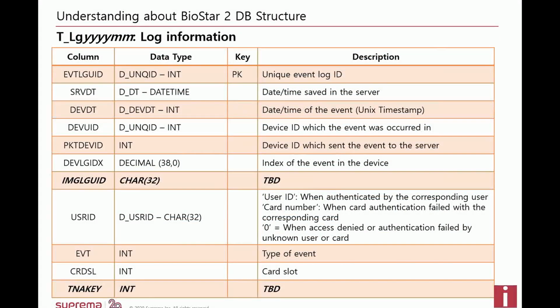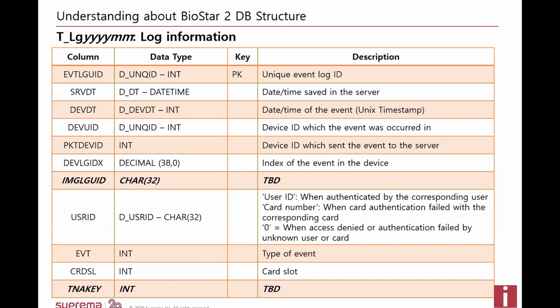Let's check out the log table, which is important for time and attendance records. The log table of BioStar 2 ACDB is created every month, based on the first generated log on the first day of each month. However, the corresponding log table is created based on the device log time based on UTC-0. SRVDT is the time the log was stored on the server. This time is based on the server's time configuration.